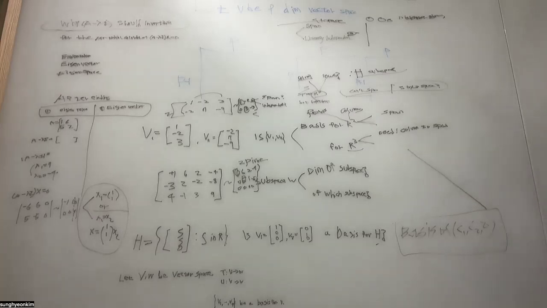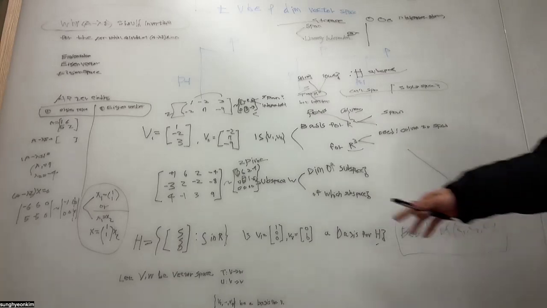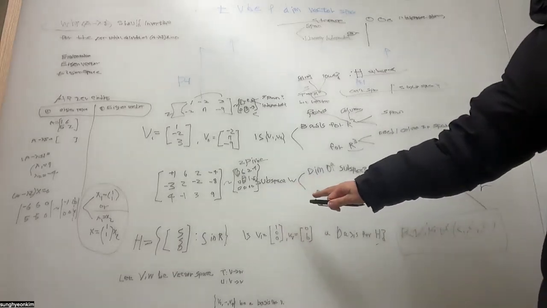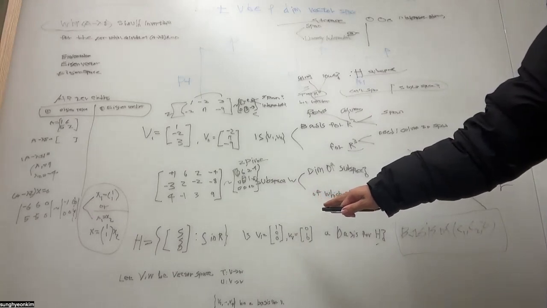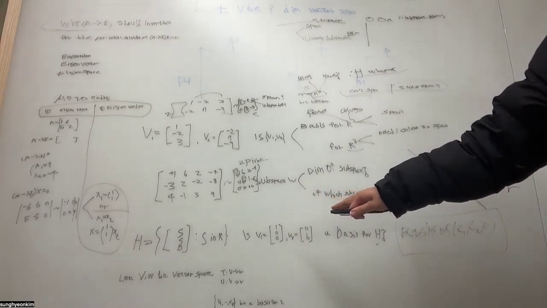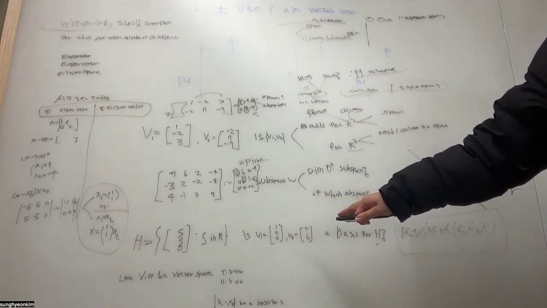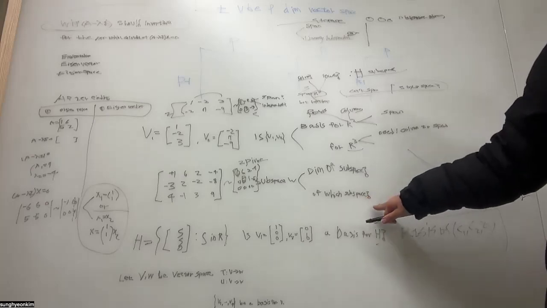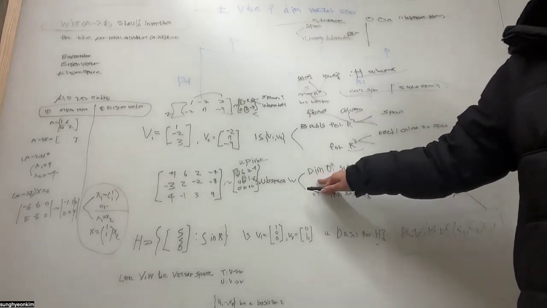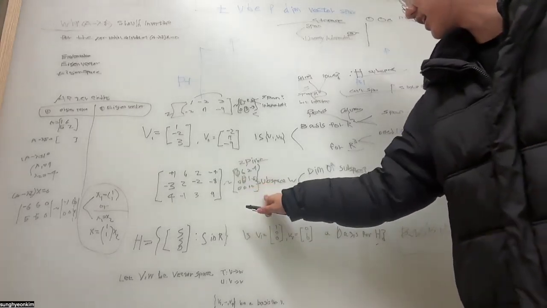And another complicated problem was, it has 2 pivots. In this case, it can be a basis of the subspace which it makes.